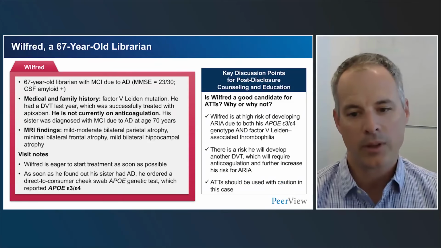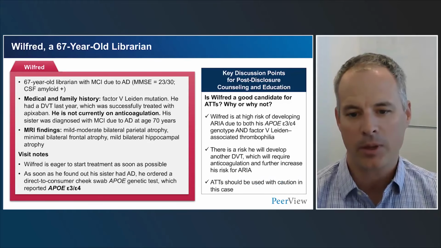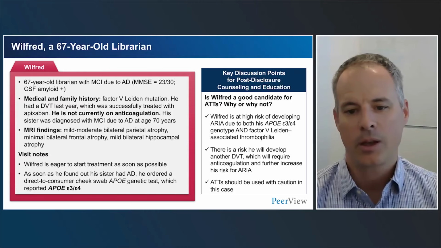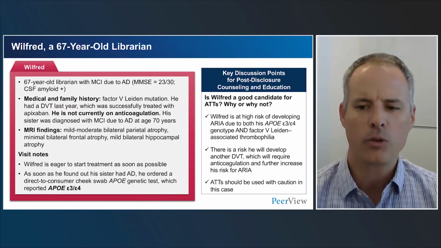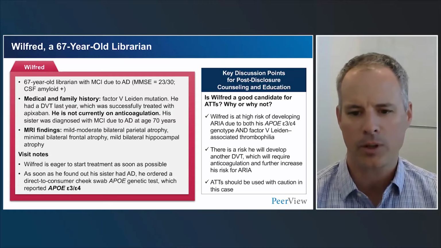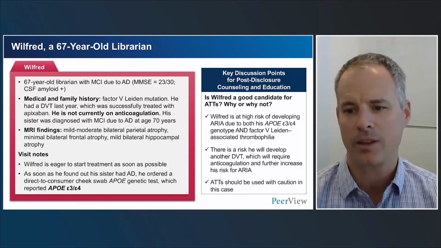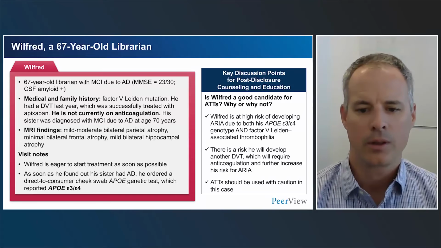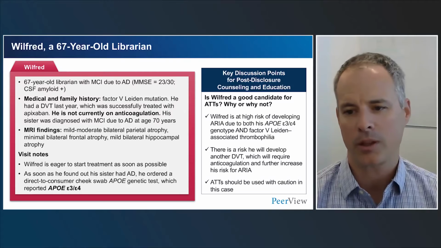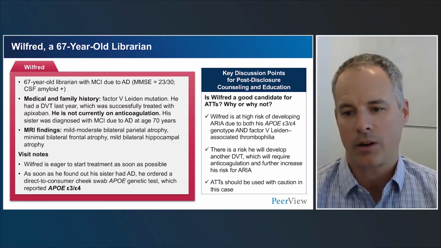Well, he's at high risk for developing ARIA because he carries 1 copy of APOE4. So he's not at super high risk, but elevated risk compared to E33s. And potentially because of this factor V Leiden, although we don't have great data on how a thrombophilia like factor V Leiden affects ARIA rates.